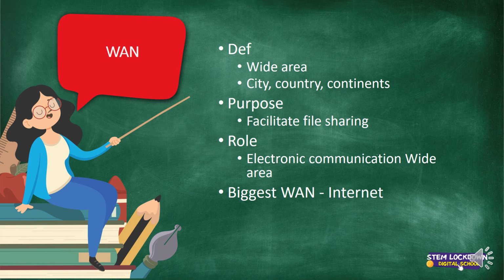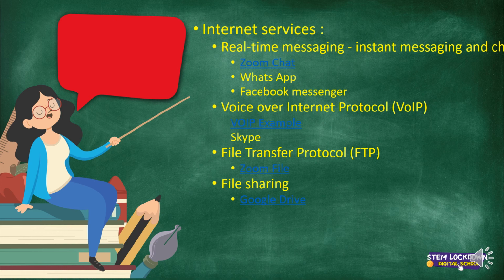Right, if we go on to our next slide, there we go. Let's take a look at some of the internet services that are available on the internet. The first one that we've got there is real-time messaging, or chats, or Zoom chats.